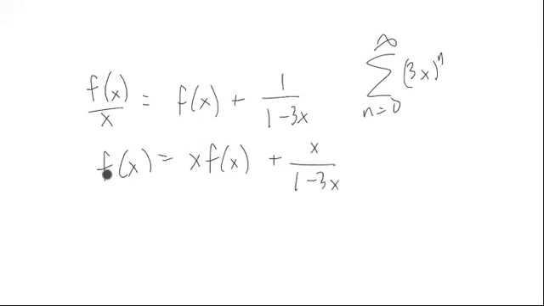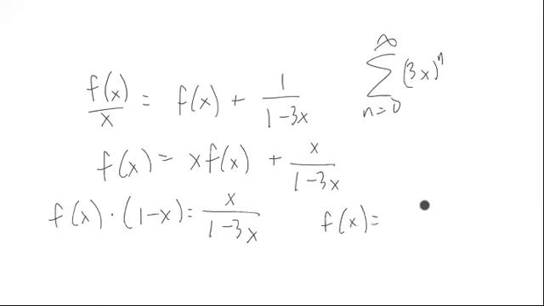Then if we subtract this over and factor out, f of x times 1 minus x is equal to x over 1 minus 3x. Then we end up getting f of x is equal to x over 1 minus x times 1 minus 3x.